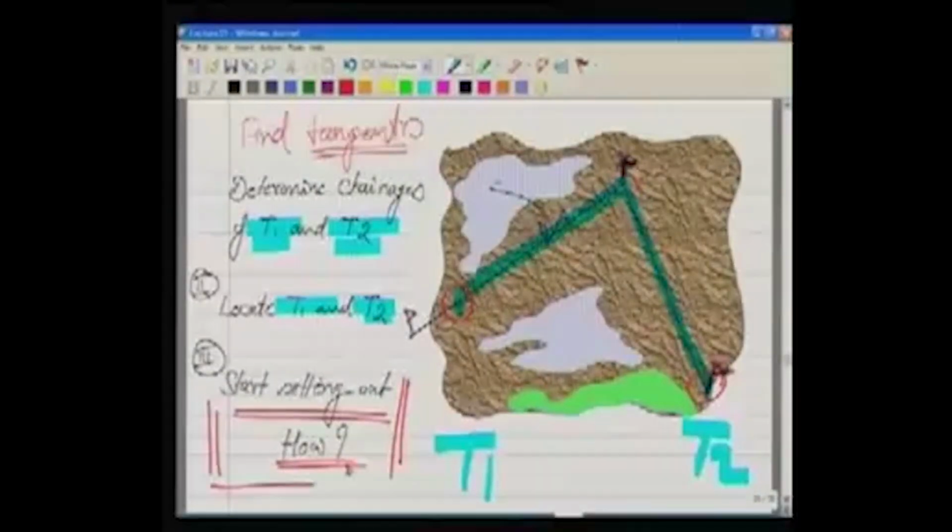Because we can measure the angle of intersection, alpha, we have that angle also. We also have the radius of the curve which we want to set out, because the tangent is computed from the radius information only. So far there is no curve on the ground, only two tangents. So we need to do something now so that we can set out that curve. What is the procedure to set out the curve? This is what we are going to see now.